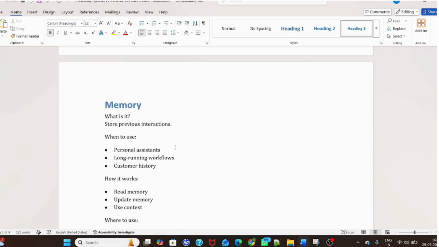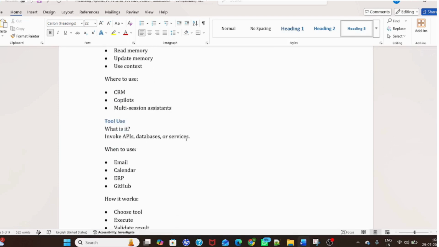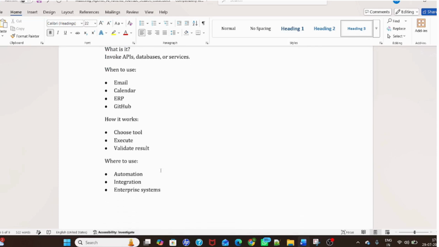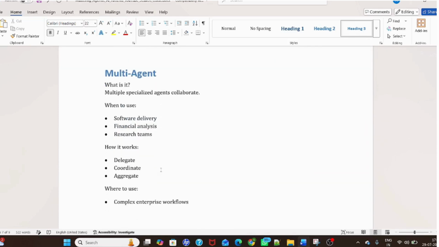Memory, which will store the conversational discussion so that you don't need to start from the beginning. Email collector, multi-agent collaboration, software delivery, financial research.